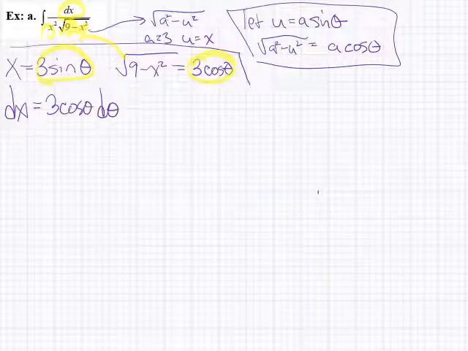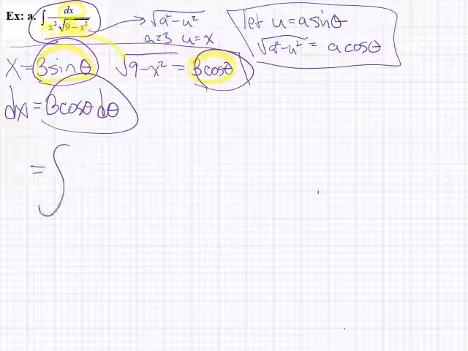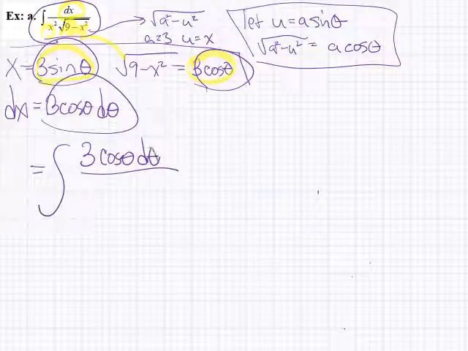And so now we have a way of substituting all these x pieces out and replacing them with all of these theta components. So now look at what happens. dx is 3 cosine theta d theta. x is 3 sine theta, so x squared would be 9 sine squared theta.